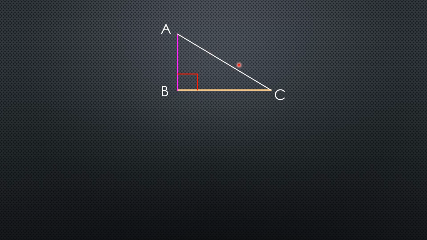AC is our hypotenuse. Now let us represent the lengths of these 3 sides of the triangle using lowercase letters. The length of the side opposite to the angle A is BC. Let it be represented by the letter a. The length of the segment opposite to the vertex B is AC. Let it be represented by the lowercase b.